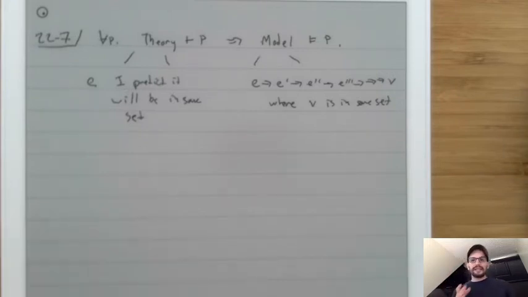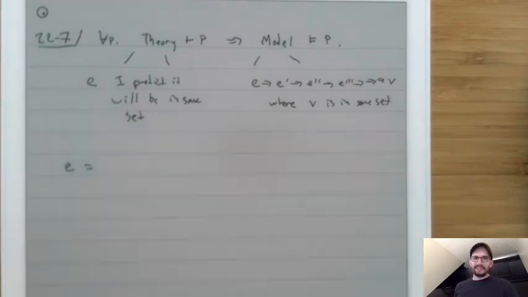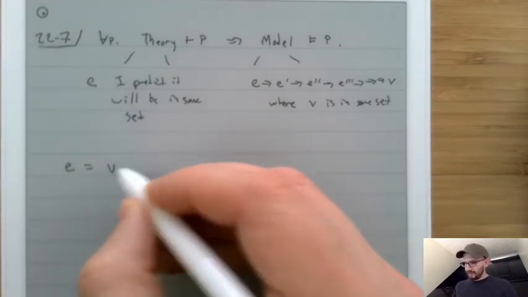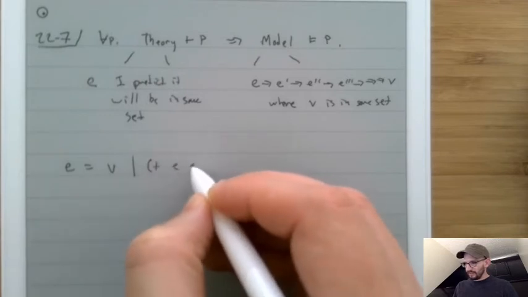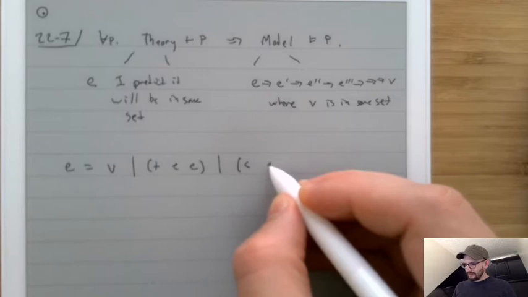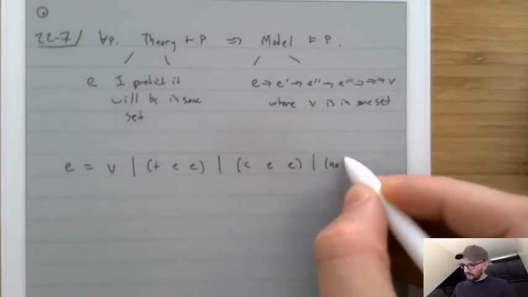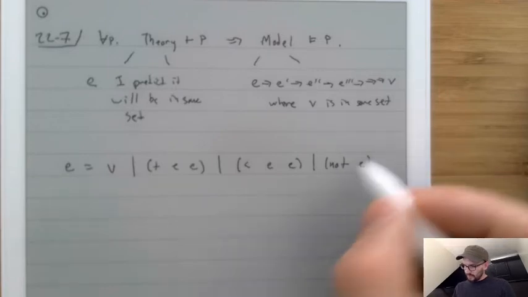Let's look at a really, really simple programming language that's not our big J language. We're going to go back to basics and talk about a really simple language, and then we'll build it back up. Let's suppose that E is equal to either a value, an addition, a less than, a not, or an if.